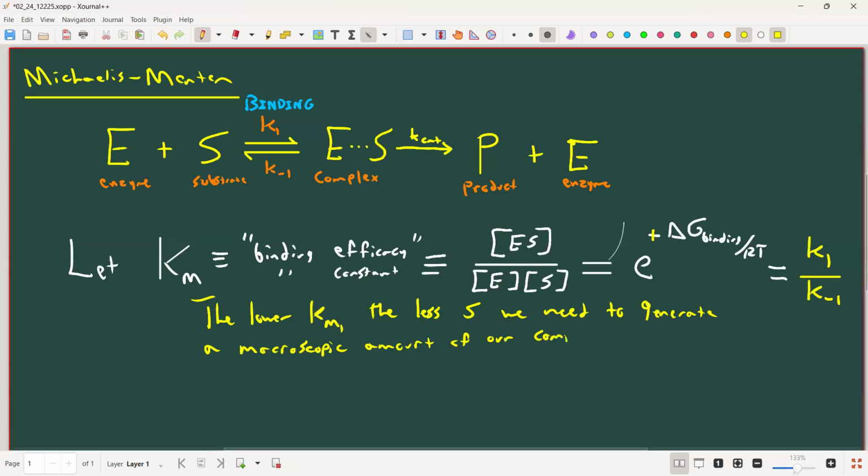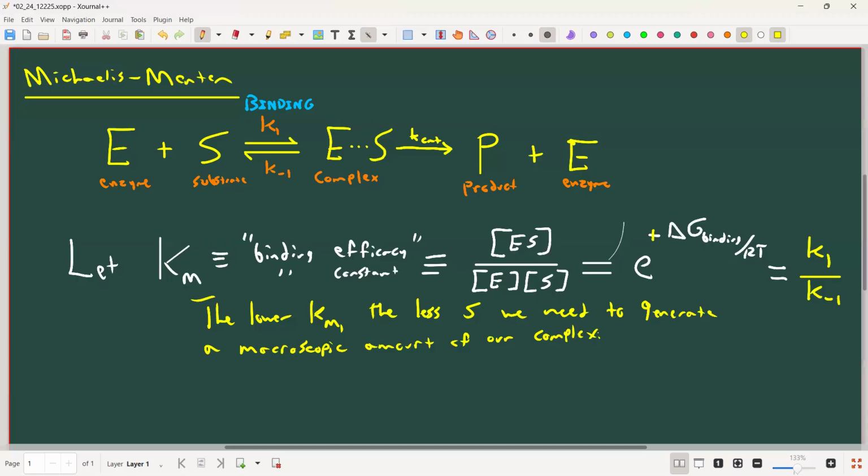Right, the idea is that imagine that we want to generate a mole of products, right? That means that at some point we need to generate a mole of complex over time. And if this number is large, that means we have to feed in a large amount of S, a significant amount of S, in order to get the enzyme to bind enough to have a mole of our complex and create a mole of products.